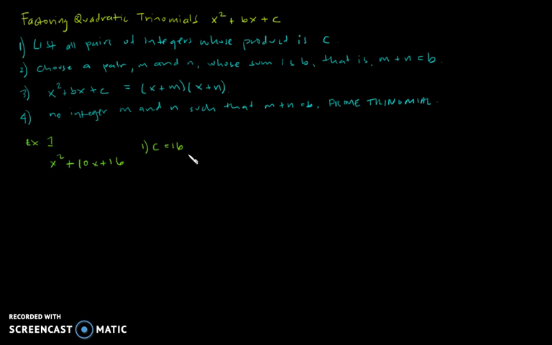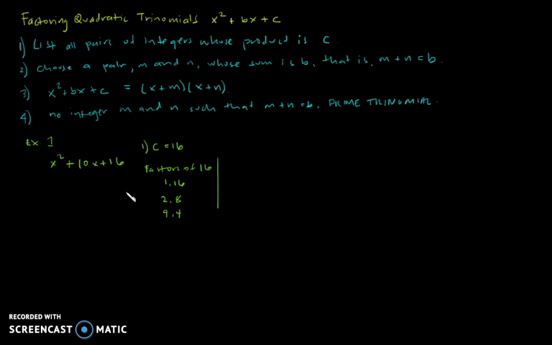So what are the pairs of integers that have a product of 16? I'll make here a table. Factors of 16: that would be 1 and 16, 2 and 8, then you also have 4 and 4.